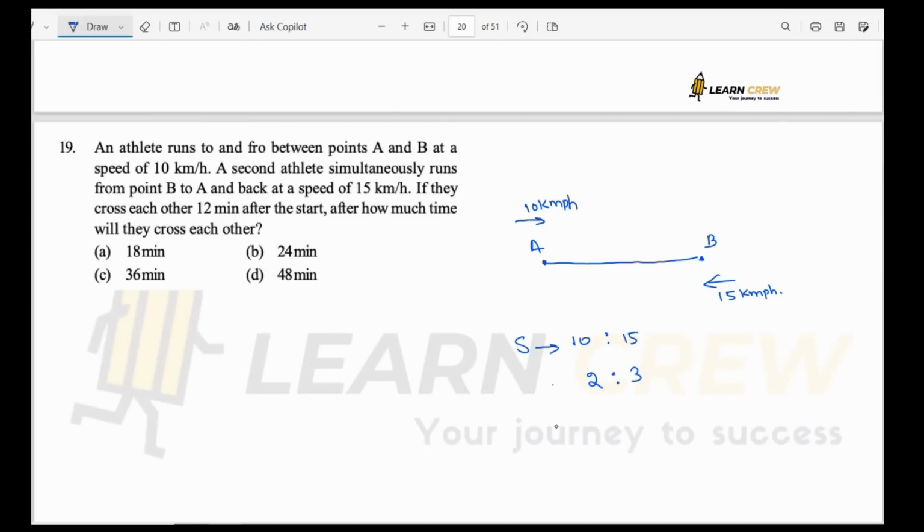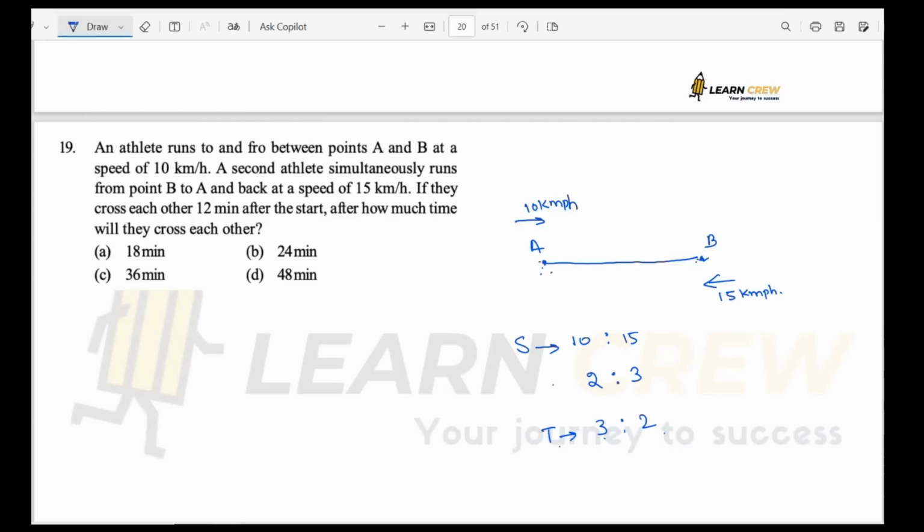So what is the ratio of times taken? 3:2. Because speed and time are inversely proportional. Because they are traveling the same distance, A to B. Yes or no? So here the ratio of times taken is 3:2.